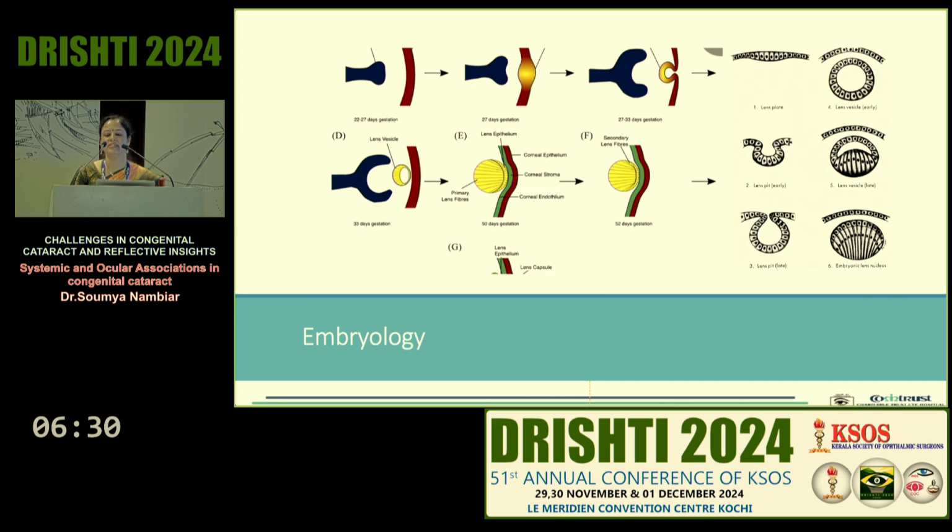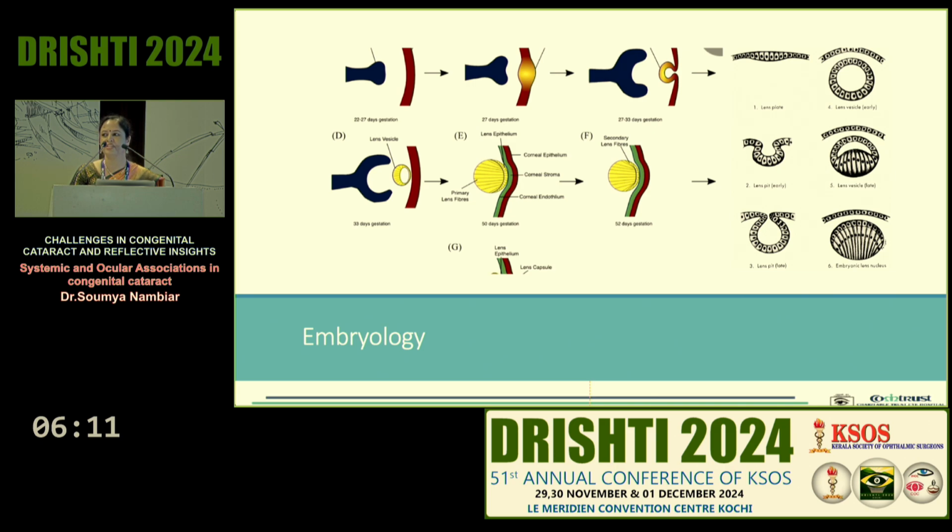In the lens vesicle, as you can see on your left-hand side, in the posterior aspect, there are cuboidal cells which slowly start becoming columnar and give rise to the primary lens fibers by 50 days of gestation. After that, the equatorial cells will form the secondary lens fibers.